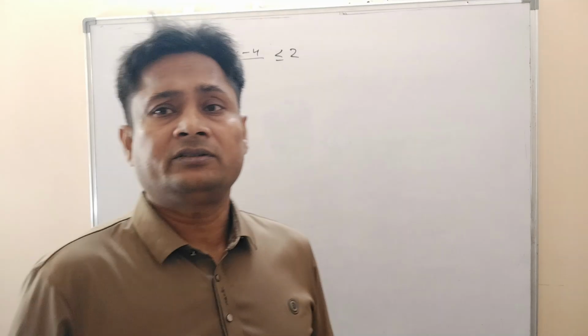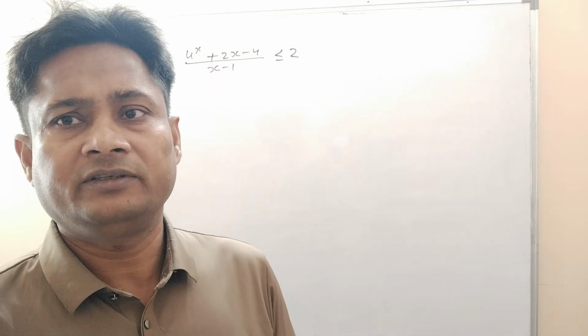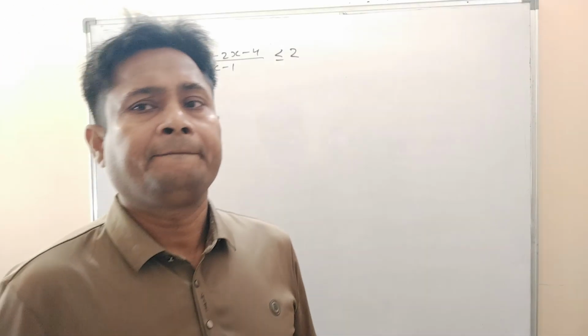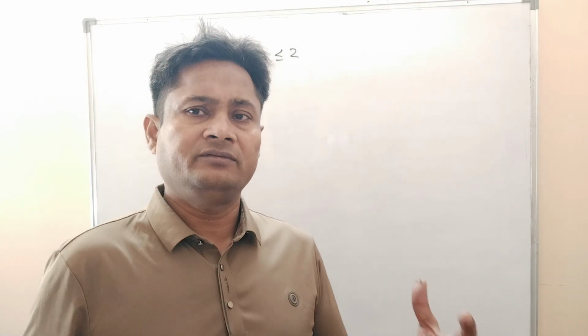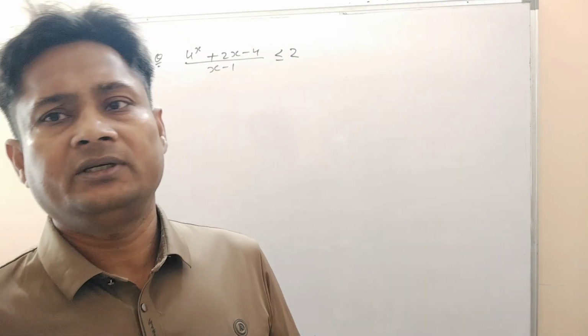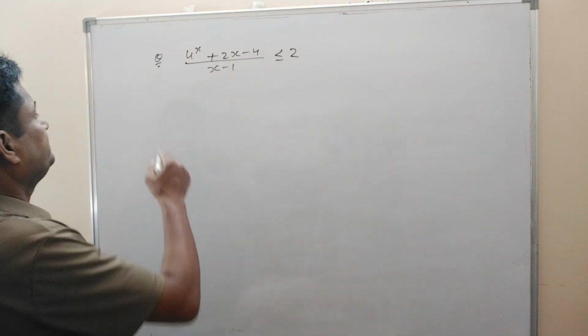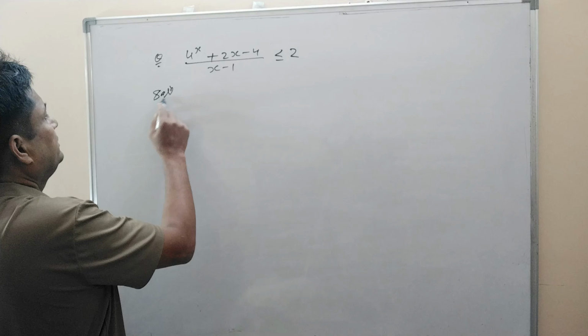Now let's discuss some common inequalities of exponential type, which are based on the wavy curve method, or will be solved by quadratic inequality. So let's discuss this one. How will you solve this one?